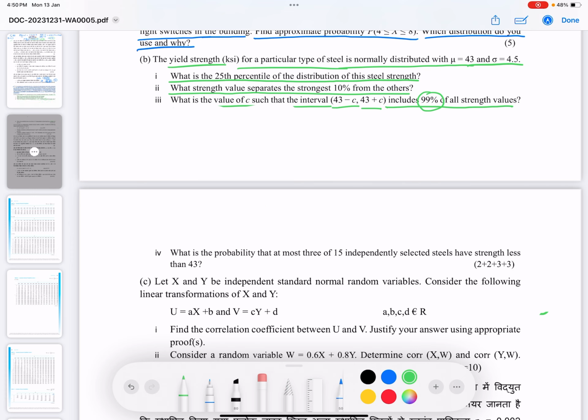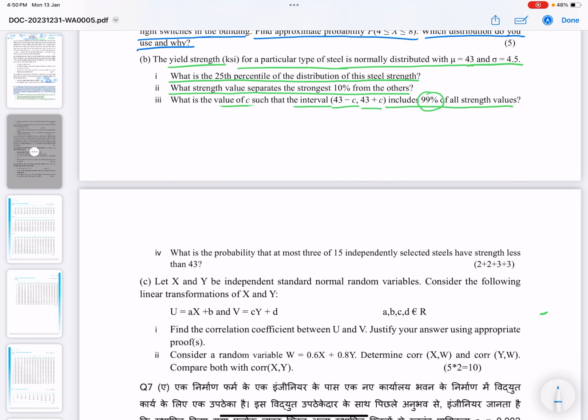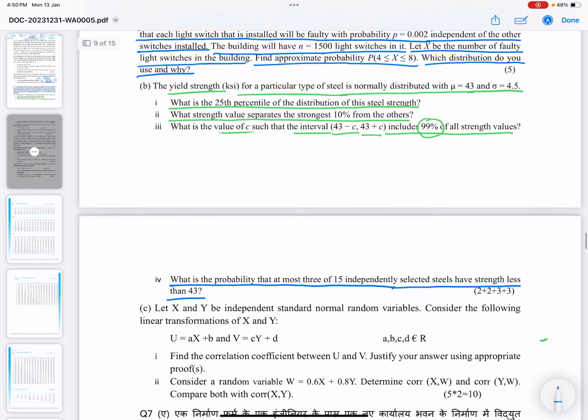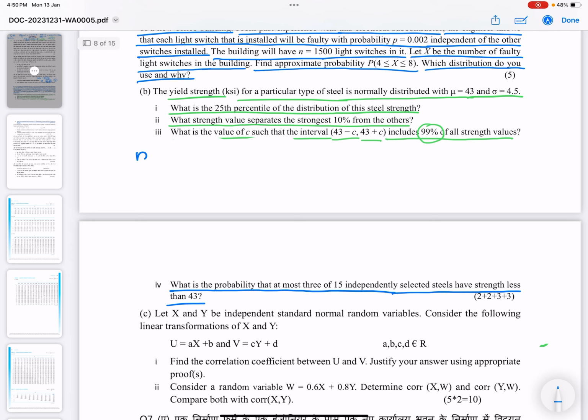Now what we have is: what is the probability that at most 3 of 15 independently selected steels have strength less than 43? So now n is 15 and strength less than 43. Since it is symmetric about 43, 50% of the observations would lie below 43 and 50% above 43.